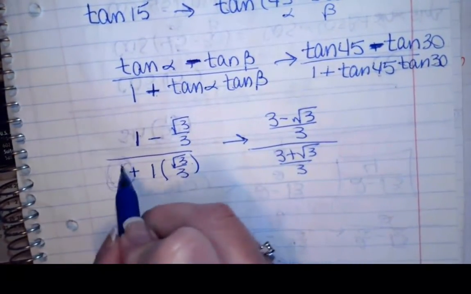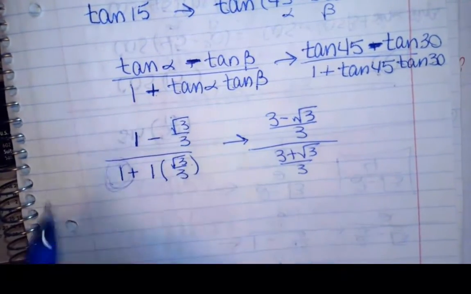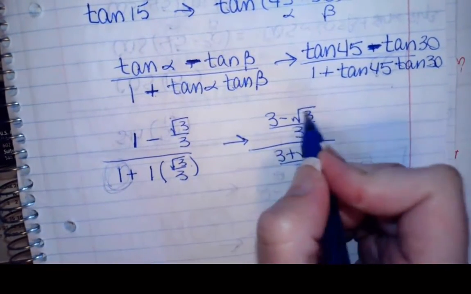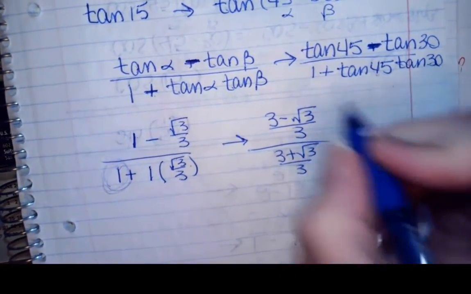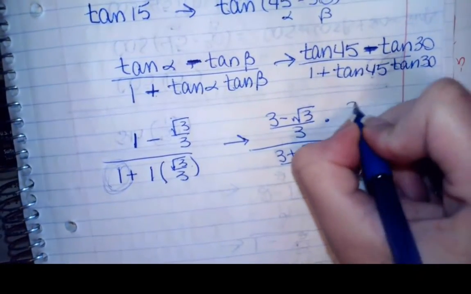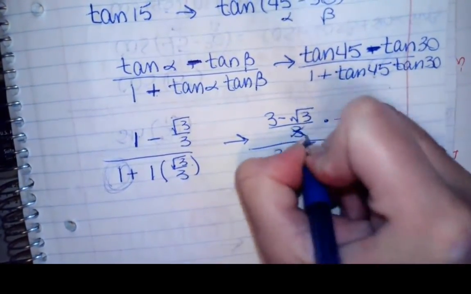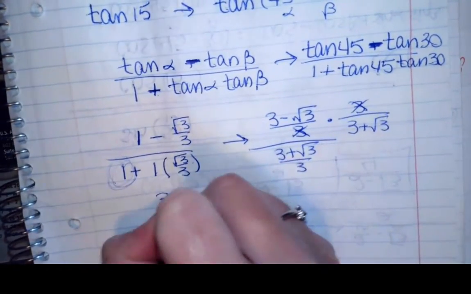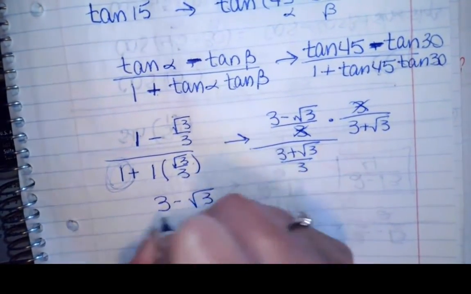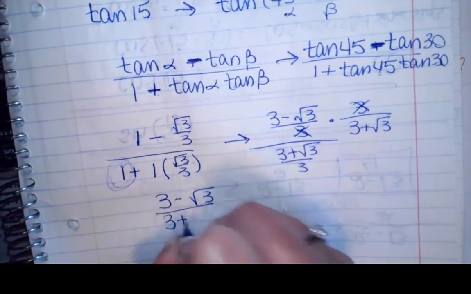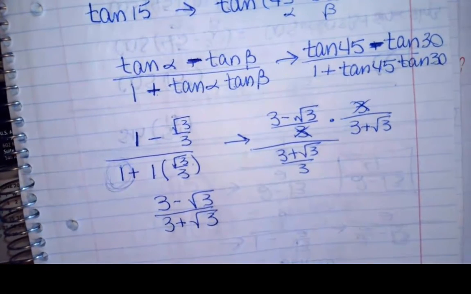So I just changed this into a 3 over 3. Well, now what can I do? I can do a ratio divided by a ratio, means I multiply by the reciprocal. So that's 3 over 3 plus root 3. So those are gone. And my answer is 3 minus root 3 over 3 plus root 3.